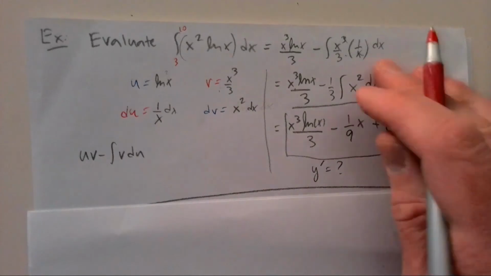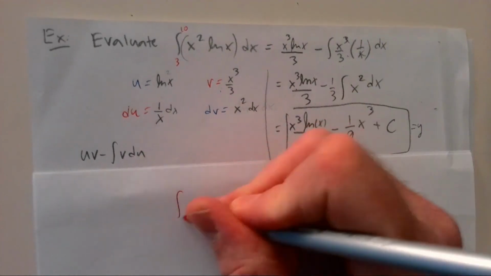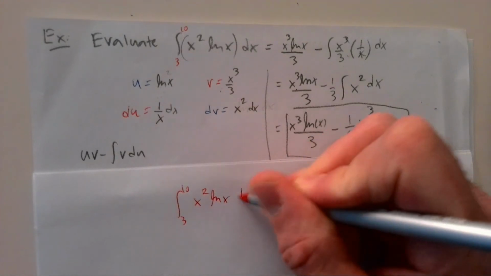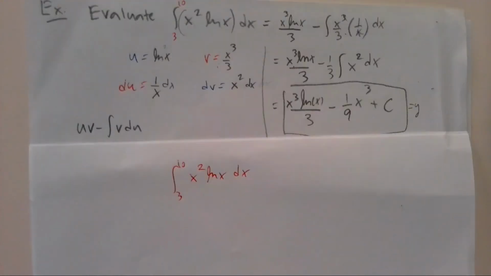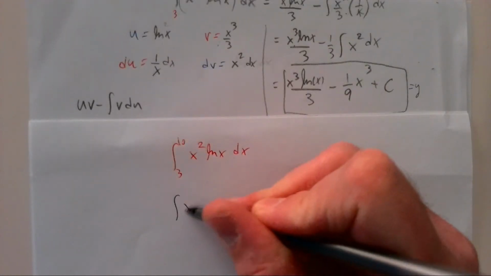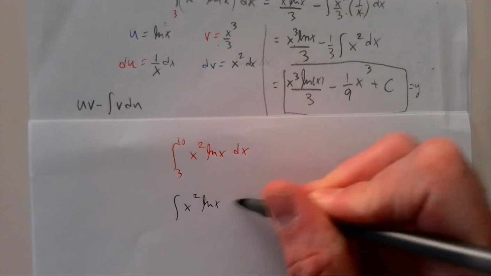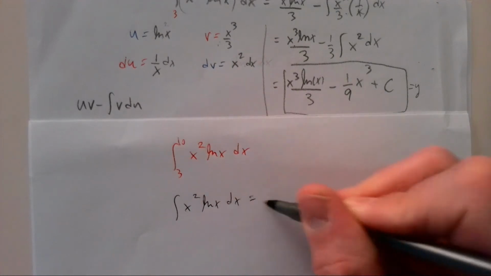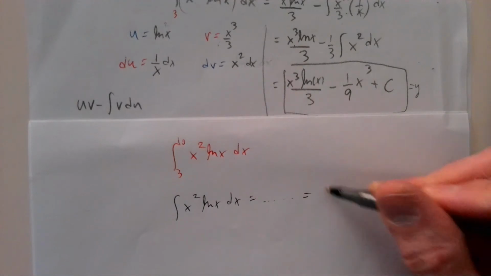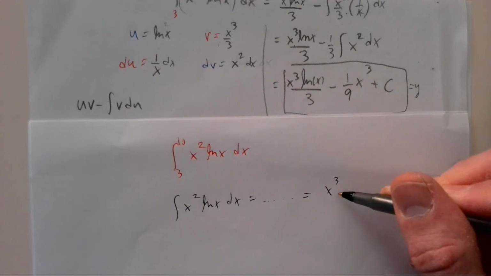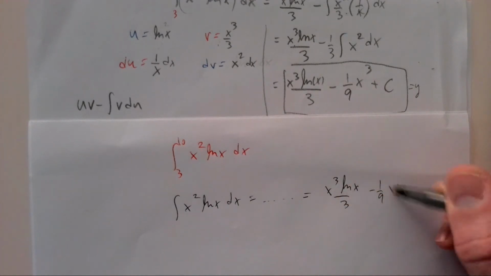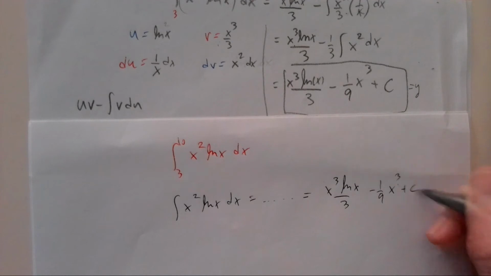So let's say that they gave you the integral from 3 to 10 of x squared natural log of x dx. What I would suggest is say, you know what, I'm going to work out just the indefinite integral and do all my work, just like we just did, and then see my answer is going to be x cubed ln of x over 3 minus a ninth x cubed plus c.